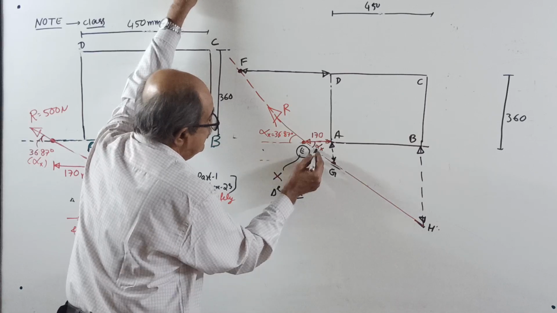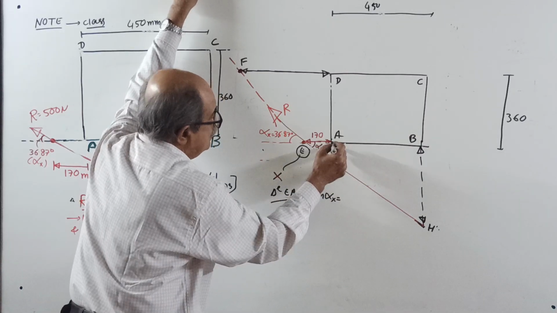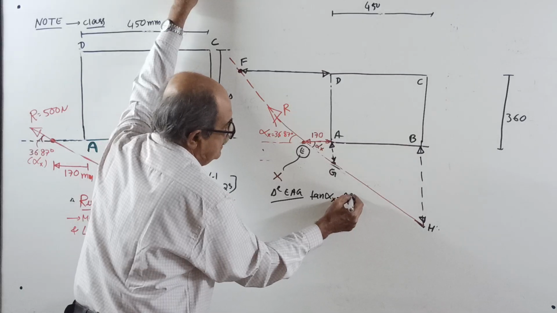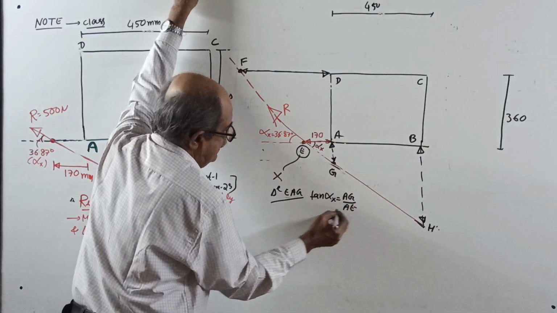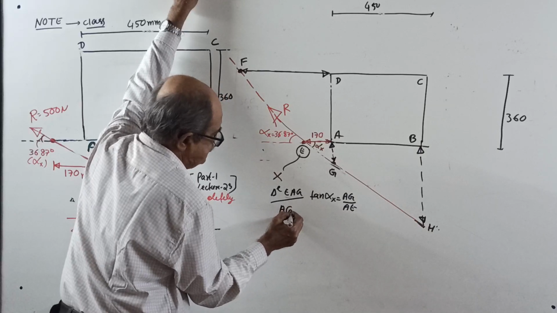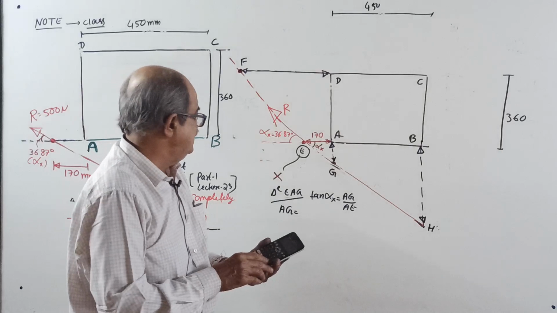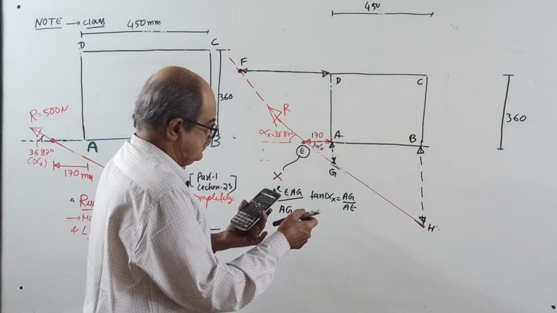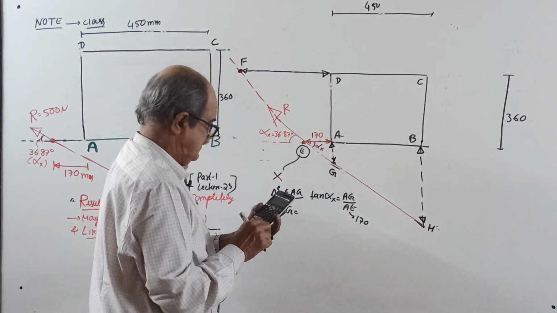Tan alpha x equals AG divided by AE. Therefore your AG will come. I will calculate AG now. AE is already known.